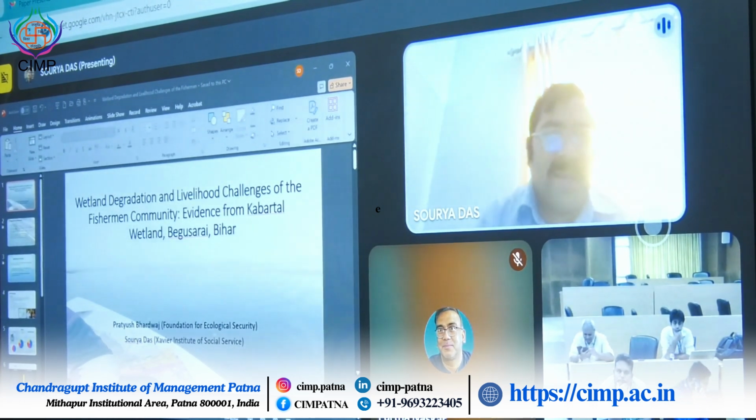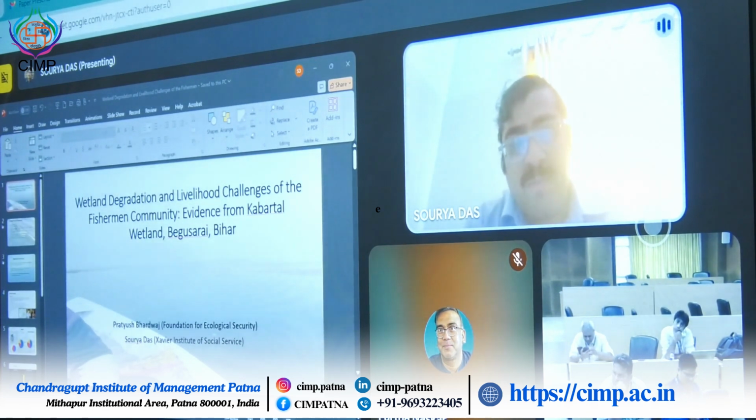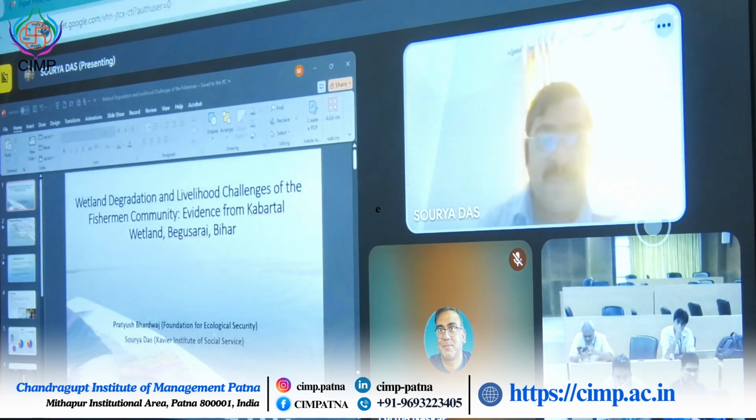Different studies have mentioned that encroachment of the wetland is going on, and the wetland has been encroached for agricultural purposes. Wetland International South Asia in 2016 and another researcher in 2023 also mentioned that the wetland has been heavily encroached for agriculture.